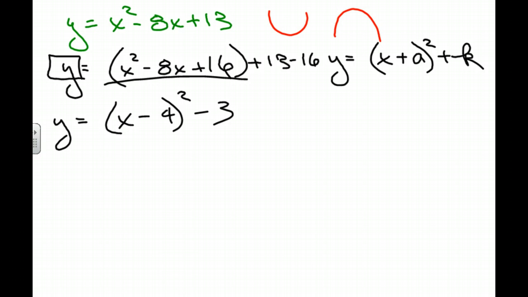And now I am in this form right here on the far right. So now I can get some information out of this. It opens up. Before you even decide whether it opens up or down or anything, you can look at the sign in front of this. And because it's a positive sign or no sign, you know it opens up.